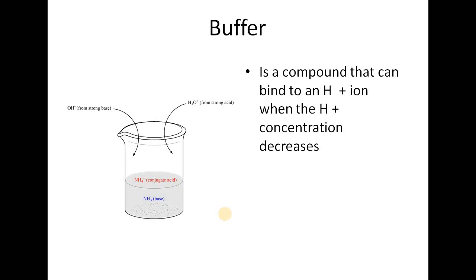We have a lot of buffers inside our blood. Why? The pH of our blood is 7.4. We need it to be 7.4, not more, not less. So we have a lot of buffers inside our blood to keep the H plus concentration constant.